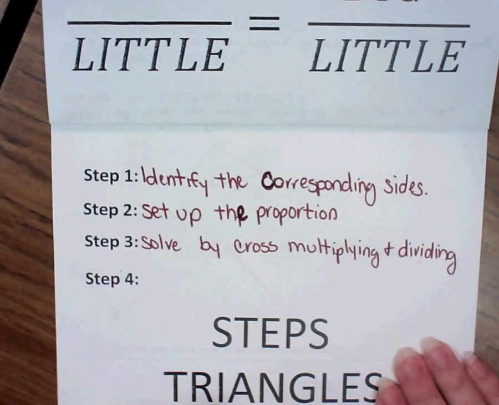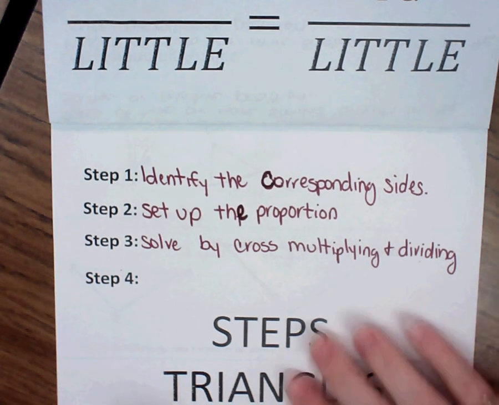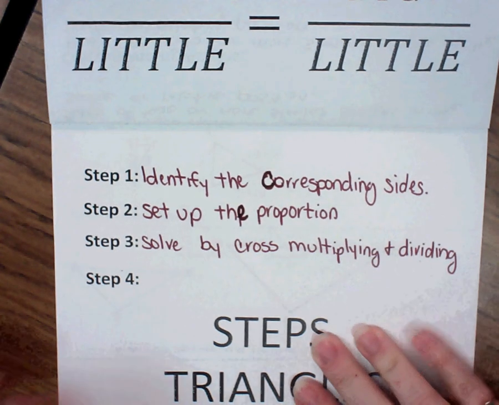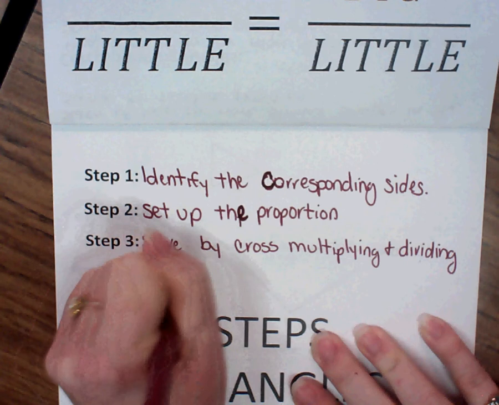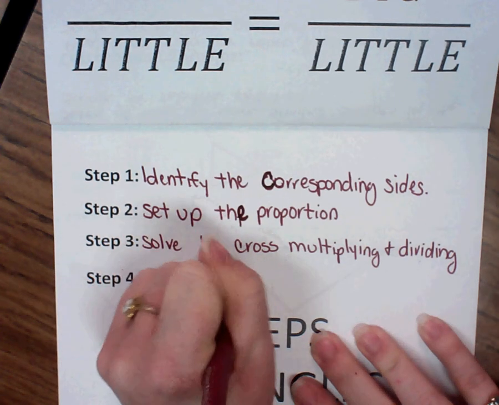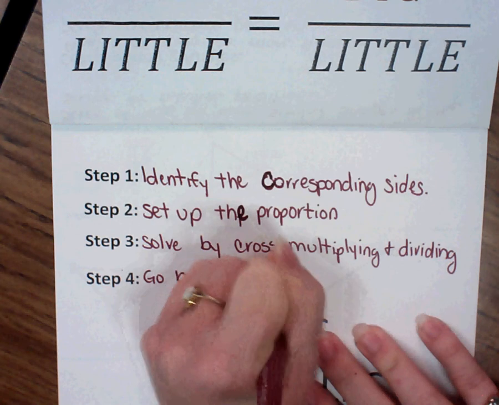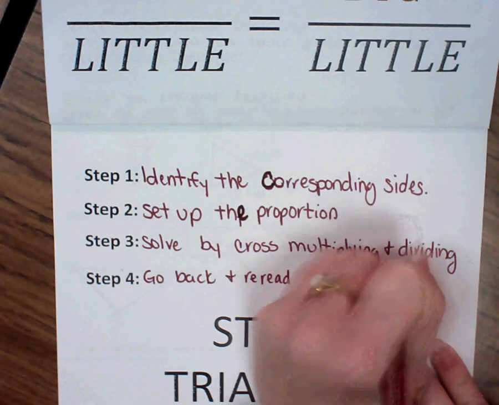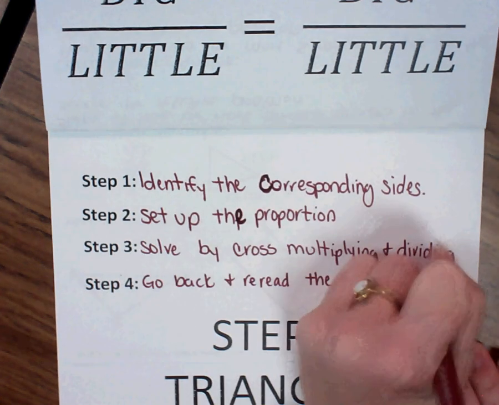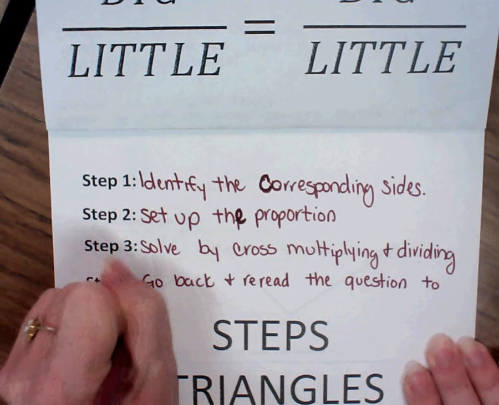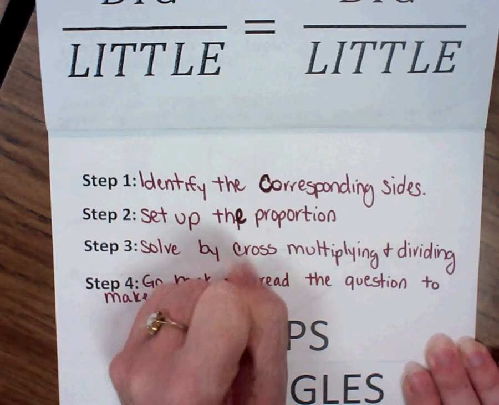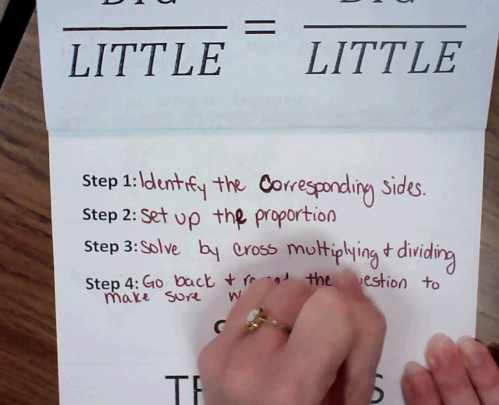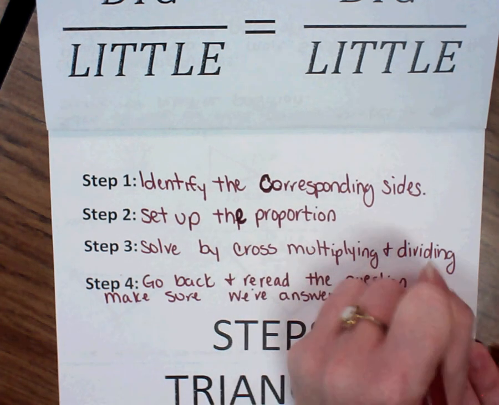And then the last step is really important. After we have identified the corresponding sides, set up the proportion, then cross multiplied and divided, we need to go back and reread the question to make sure we've answered what we are looking for.